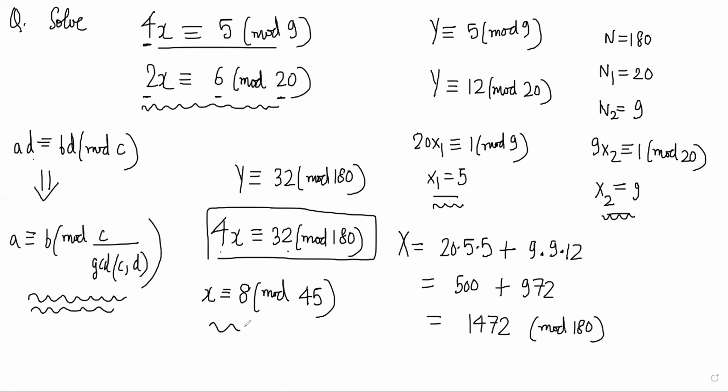So 8 mod 45 we are getting, right? So 8 mod 45. So that is like 53 mod 90, right?